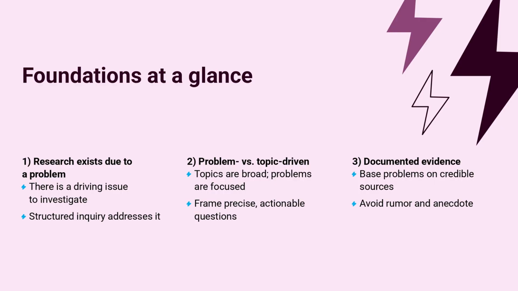Many students begin by saying, I want to write about leadership, or I want to study climate change. But a topic alone isn't enough. You must identify a problem within that topic. For instance, what specific leadership practices improve teacher motivation in public secondary schools? Now you have a focused issue to explore.